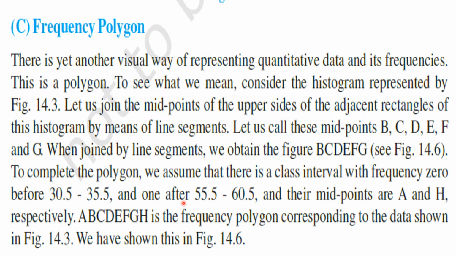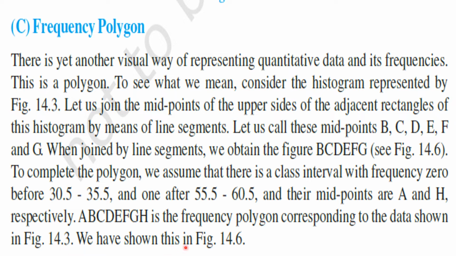Before the first rectangle and after the last rectangle, we assume a class interval with frequency 0 and find their midpoints. Let us assume that they are A and H respectively. Okay, my children. Now we have to join A, B, C, D, E, F, G, H. This is a frequency polygon corresponding to the data shown in figure 14.3.